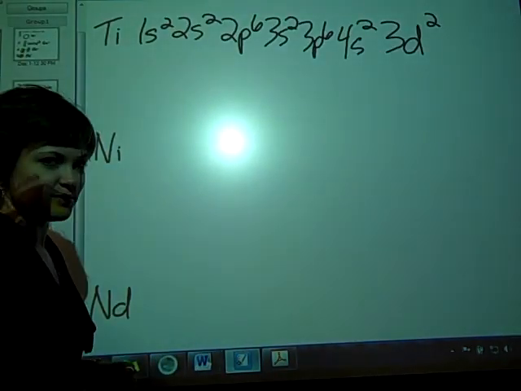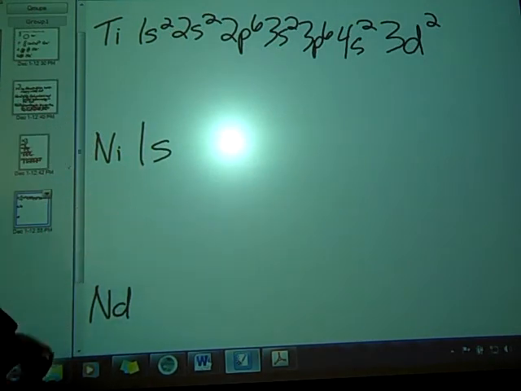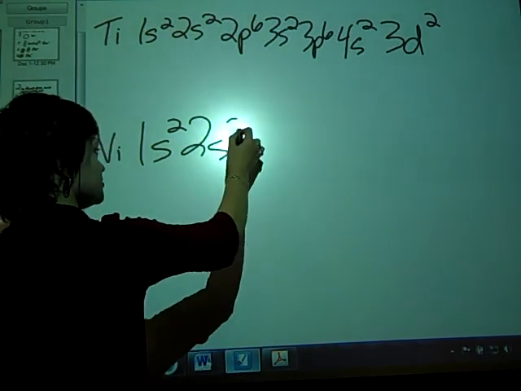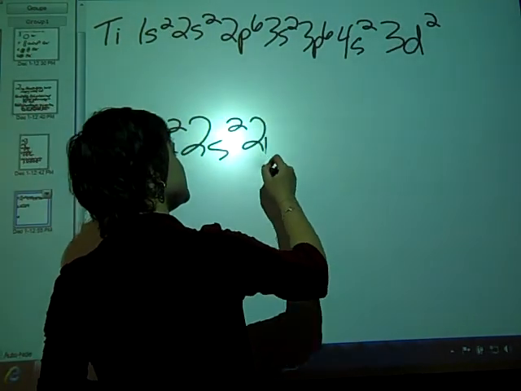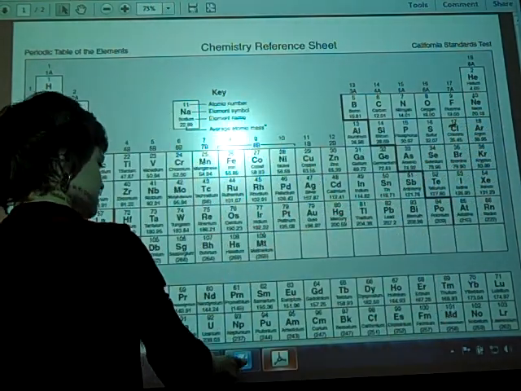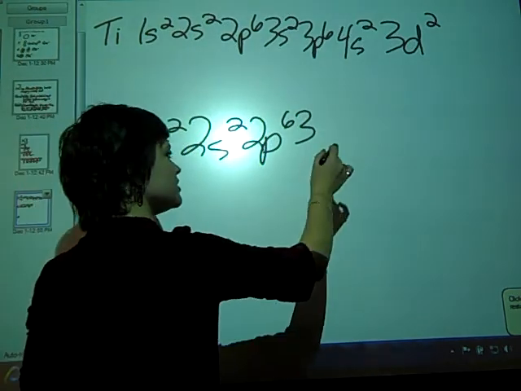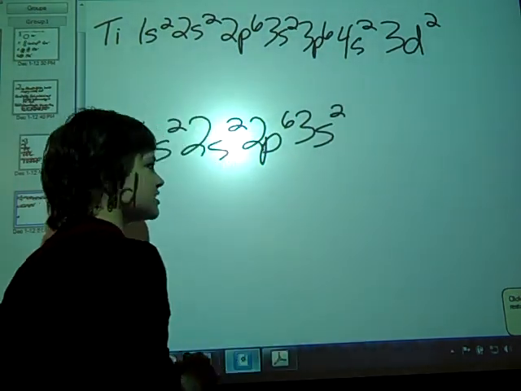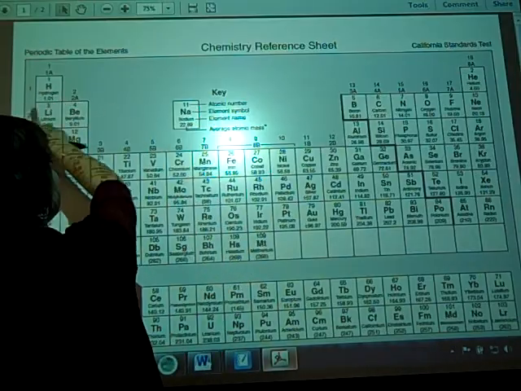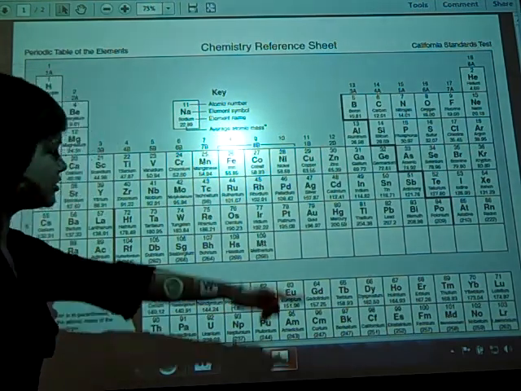Hopefully you've got a periodic table that you can look at. Start at the beginning. 1s, 2 electrons in the 1s. 2s, 2 electrons in the 2s. 2p can hold 6 electrons. Ran out of space, wrap around to 3s. 2 electrons in the 3s. Straight across the way from the 3s is the 3p. 6 electrons in the 3p.